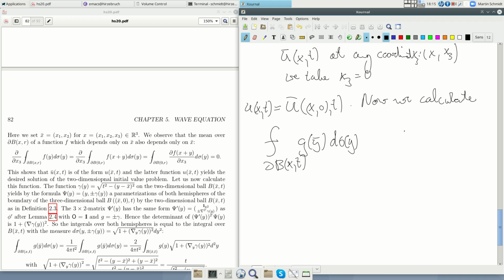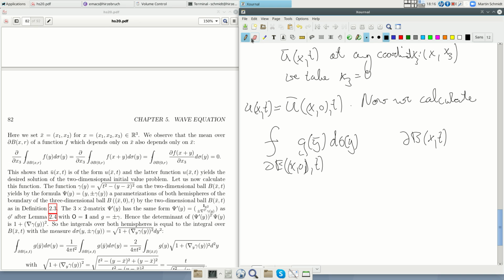Where the boundary of B of x,t should be a ball with some coordinate x3, so a three-dimensional ball. How do we choose this ball? As (x,0) and then with radius t.